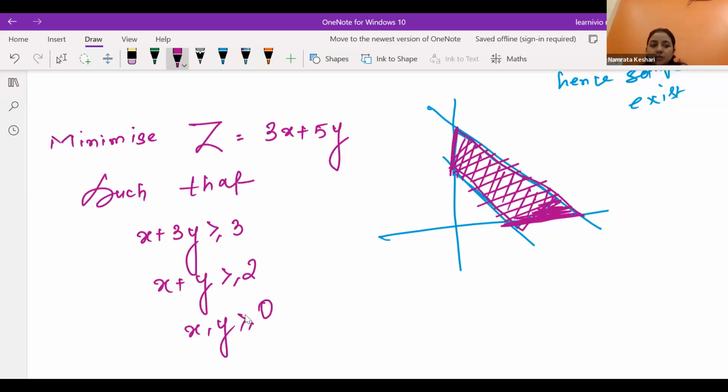Okay, please just draw the figure and check whether we are going to get a bounded region or unbounded. This time, please go ahead and shade it, and then you'll be able to figure it out.